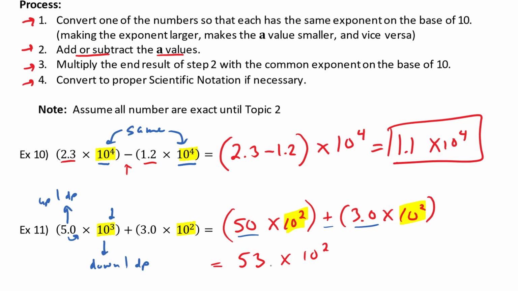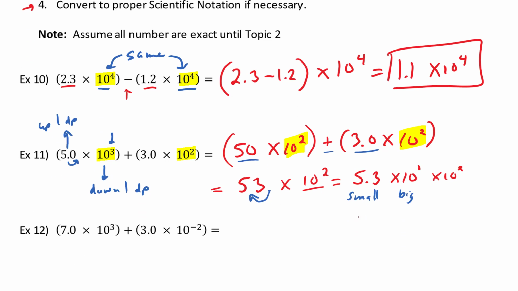To convert this to proper scientific notation, we move the decimal place over 1. This gives me 5.3 times 10. If I'm looking at just the 53 times 10, we took a big number and made it smaller. Therefore, this number has to be bigger. This value became small, so to compensate, this one has to stay big. We then times 10 to the 2.